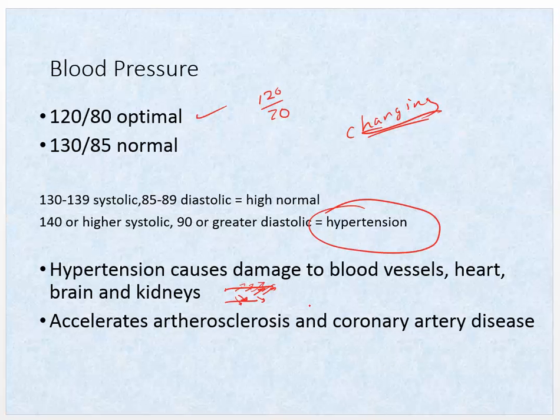It can cause damage to the heart itself, because the heart has to pump so hard all the time. It can also damage the small vessels in the brain and the eyes, where there are lots of very tiny capillaries that can be damaged, sometimes with sugar as well, as we know. And it accelerates atherosclerosis and coronary artery disease.